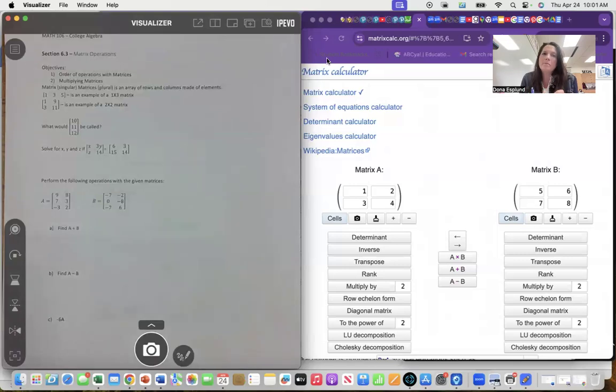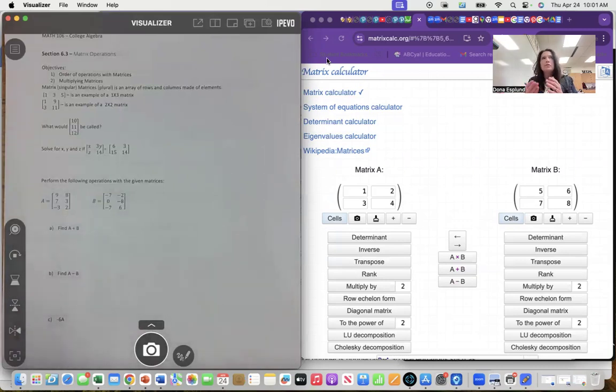Remember, we used matrices to solve equations, changing it to reduced row echelon form. We did it with 3 by 3 systems, where we had three equations with three unknowns. You can do that with matrices of any size. In other words, if I have my x and y, two equations with two unknowns, I can still solve those equations with my matrix.